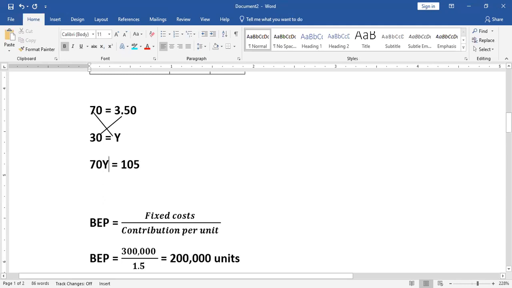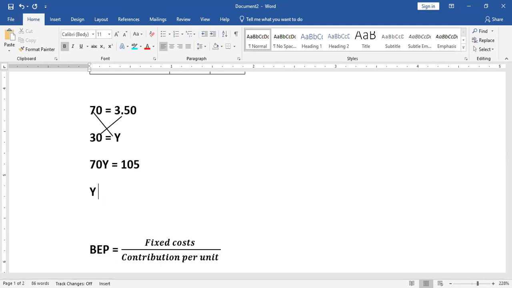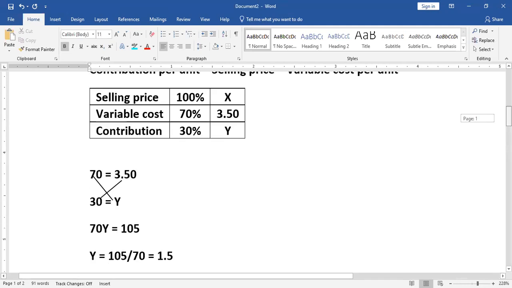So I'll divide that side where there is y. 70 by 70, 70 is gone, only y remains. And then this side will be 105 divided by 70. Okay, and then we have 1.5. So what does this entail? It simply means that our contribution per unit, which is the y, is 1.5.